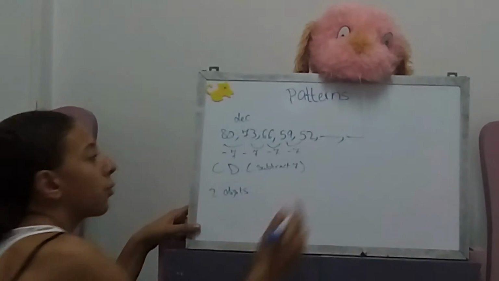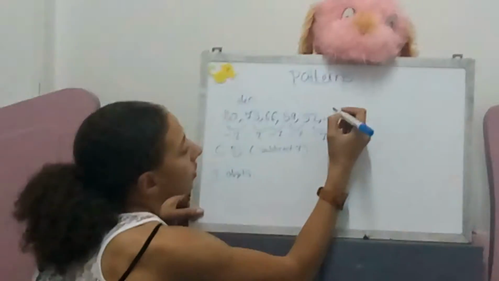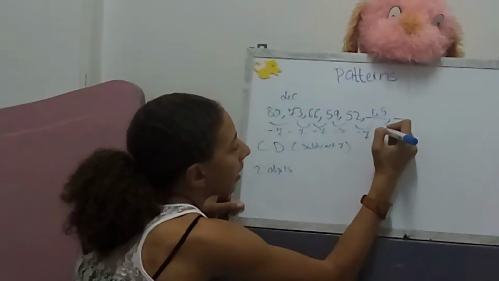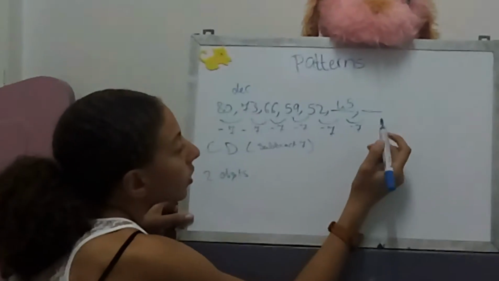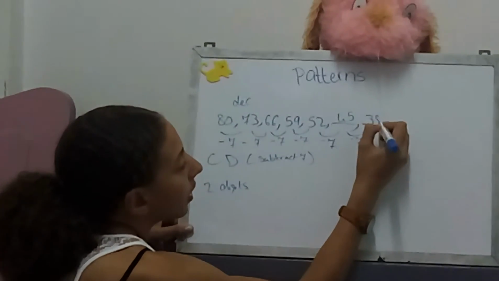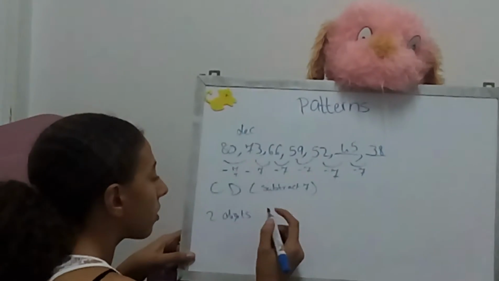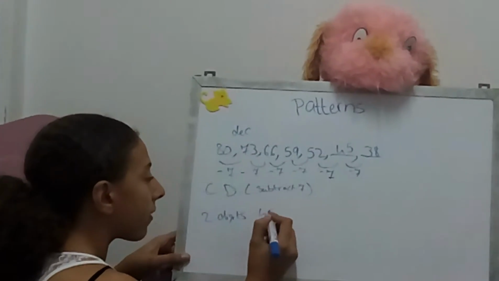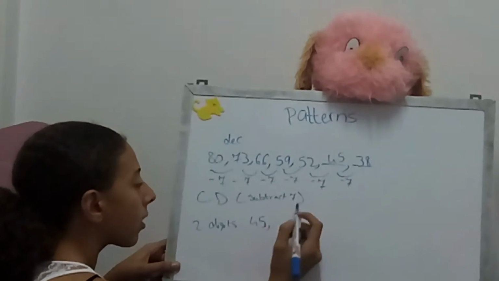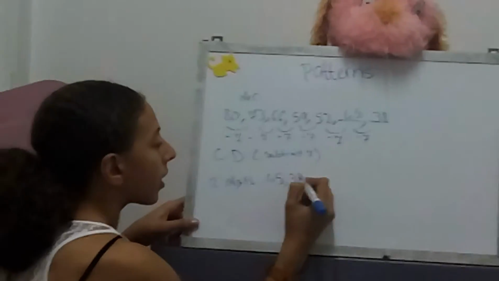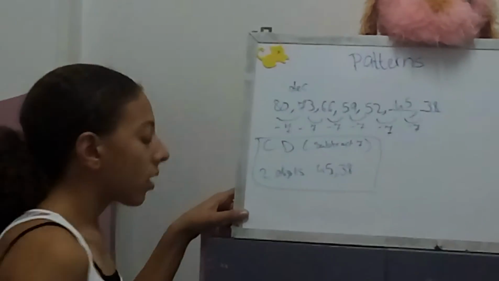What will we do? We'll do 52 minus 7, which is 45, and then 45 minus 7, which is 38. Okay, so the next two digits will be 45, comma, 38. So these are your answers.